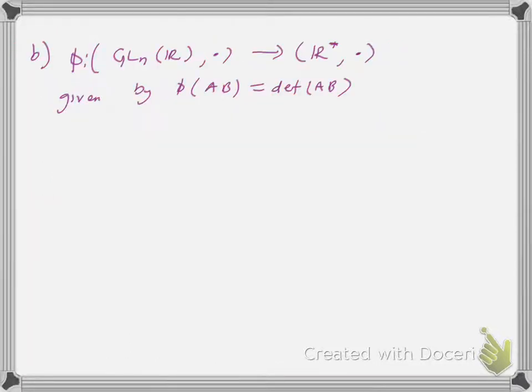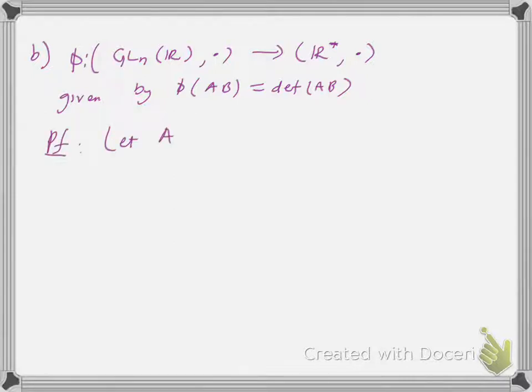B, GL_n, which is a group of invertible n by n matrices under multiplication, and it's being mapped to R star under multiplication, which is all the reals except for 0, right? And it's given by phi of A equals determinant of A. So again, to prove this, two elements.